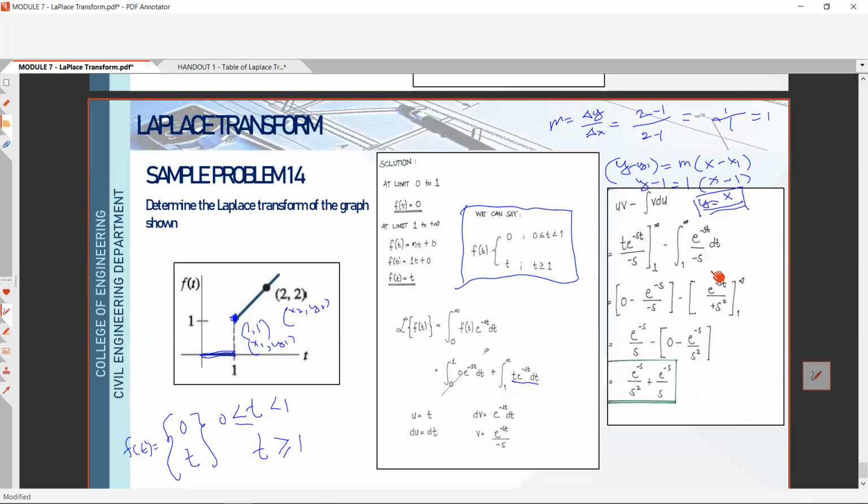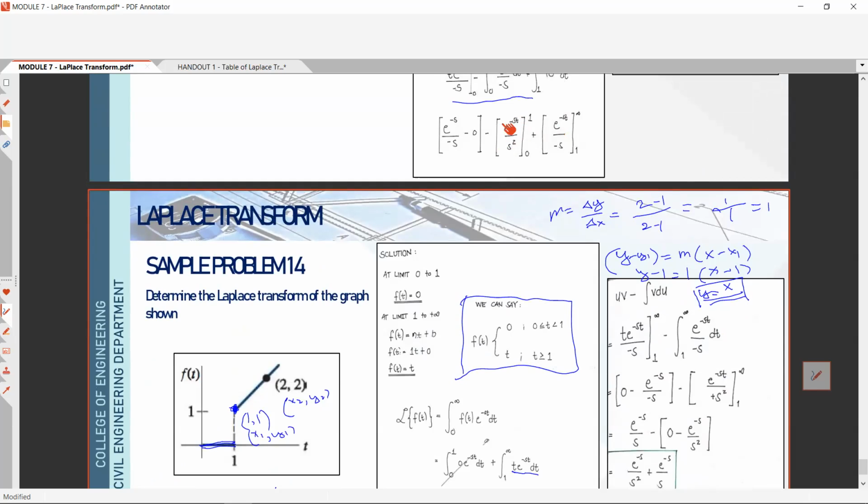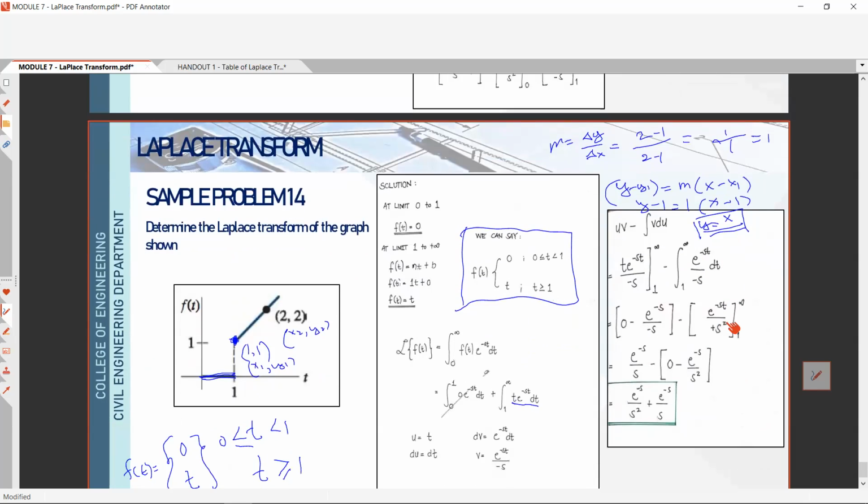Now substitute here. Let's solve this one. Substitute positive infinity, so it approaches 0. Then substitute positive 1, so what remains is e raised to negative s over negative s. Minus, the integration of this is e raised to negative st over s squared. If you recall, it is the same; only the evaluation limits change, from 1 to infinity.